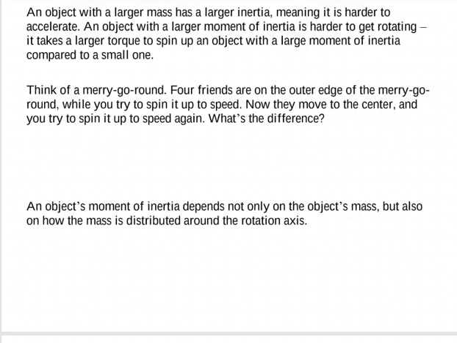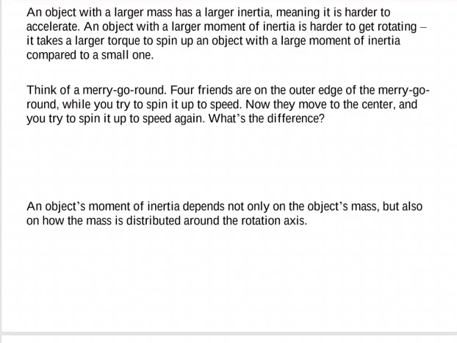It's harder to accelerate something that has a bigger mass. An object with a larger moment of inertia is also harder to get rotating, okay? So it's the same idea, it's just the equivalent idea in rotational motion, all right? Larger moment of inertia, harder to get rotating. Larger mass, harder to get moving, harder to accelerate, harder to get rotating.